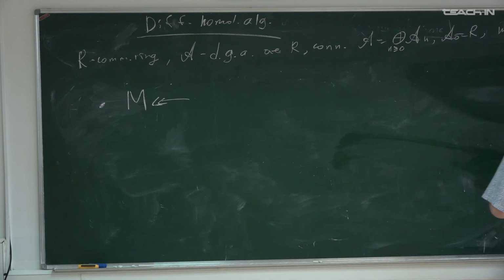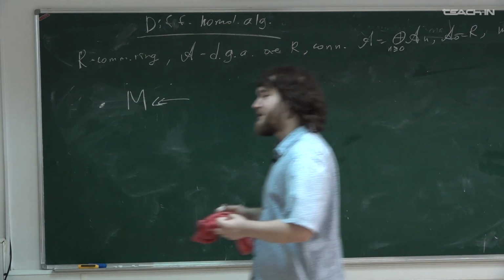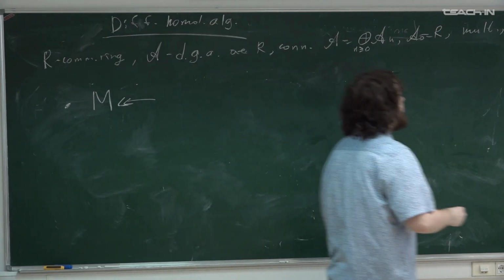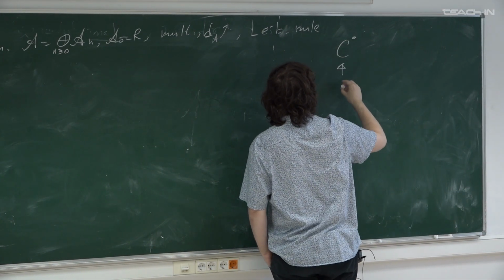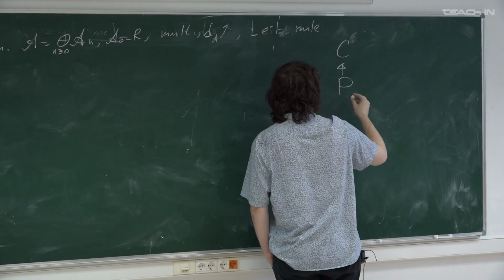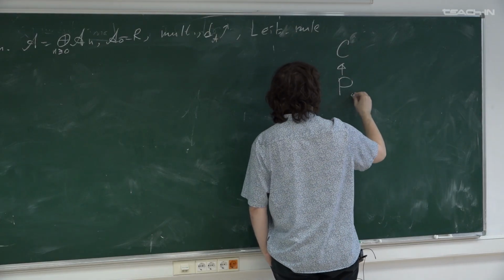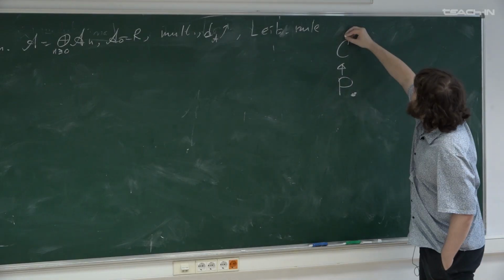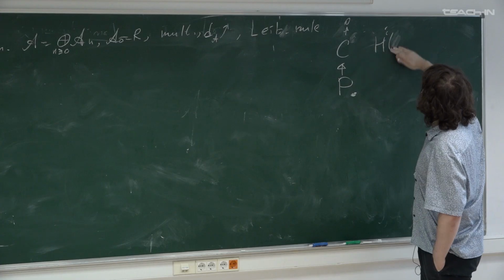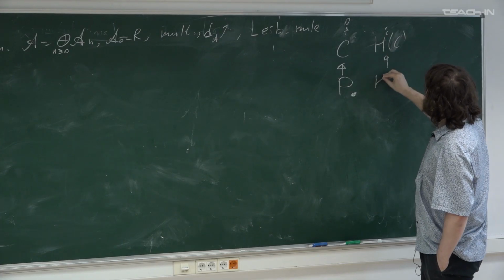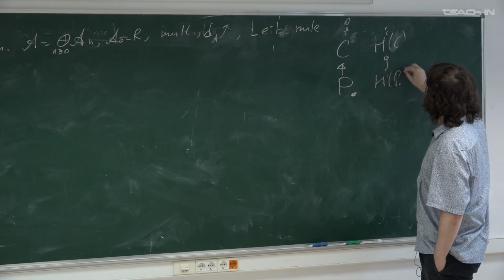Let me check this again. Over R we know all this because, let me recall again, if I have a cochain complex with a splitting projective resolution, then as I said before, if I apply cohomology, I obtain a projective resolution of the cohomology.